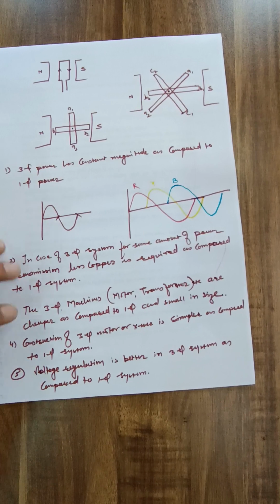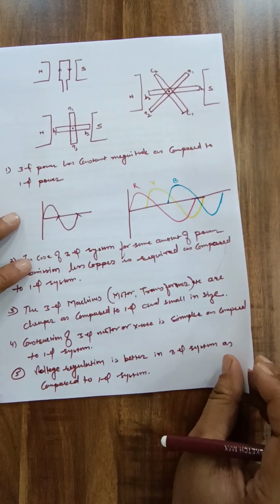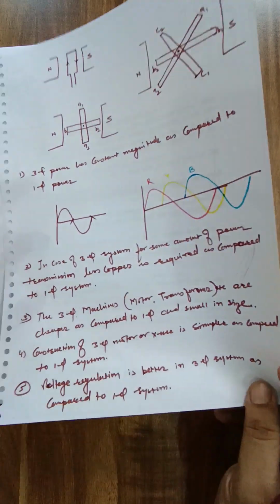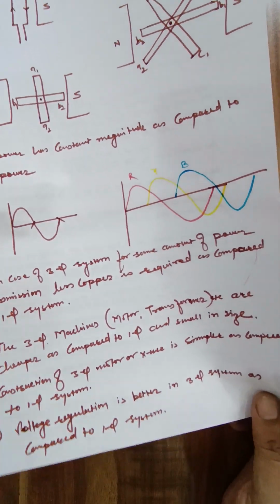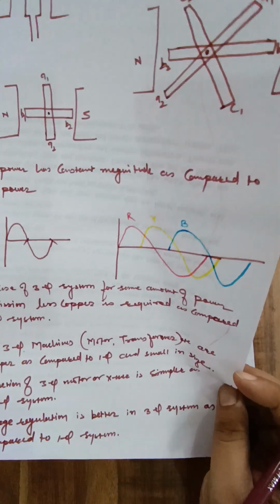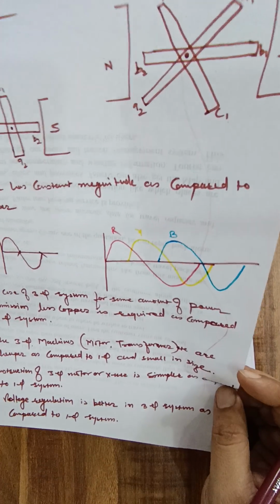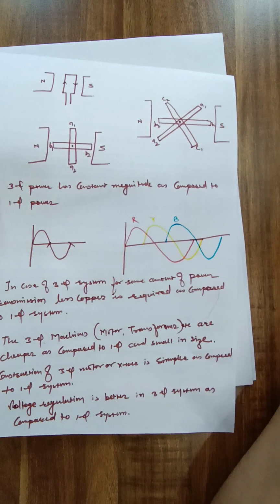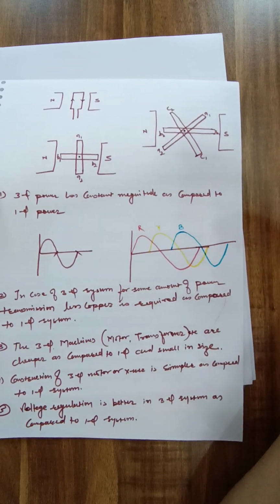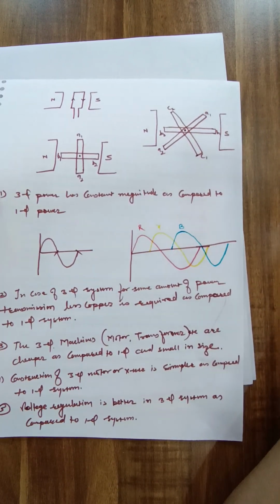Now question may arise that why we are having a phase displacement of 120 degree only. We can have another phase difference between three phases. But why we are using 120 degree? First reason may be like we are having a total 360-degree rotation.